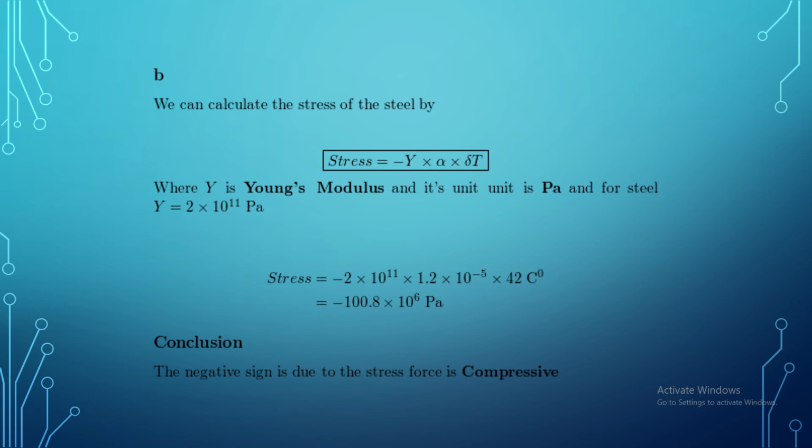Stress is equal to negative 2 times 10 raised to 11 times 1.2 times 10 raised to negative 5 times 42 degrees Celsius, which is 100.8 times 10 raised to 6 Pascal. In conclusion, the negative sign is due to the stress force being compressive.